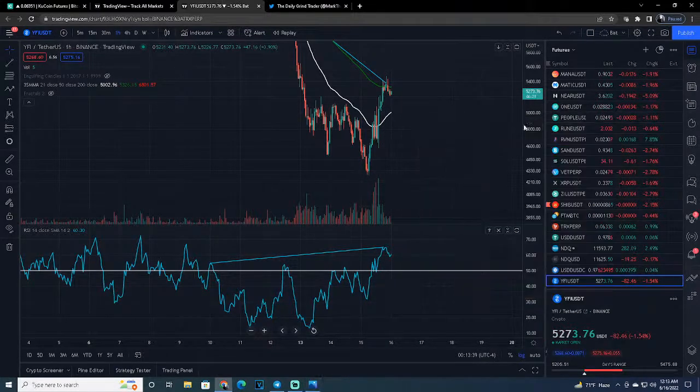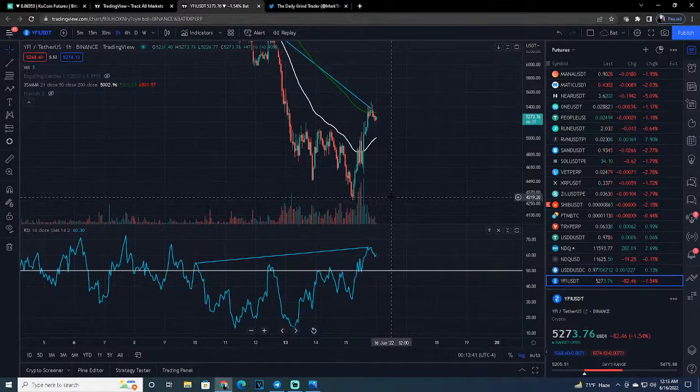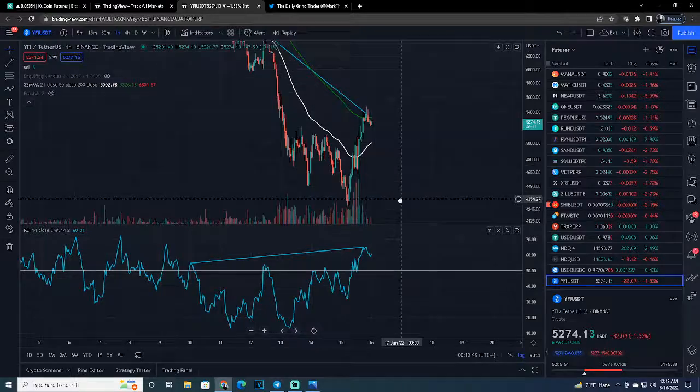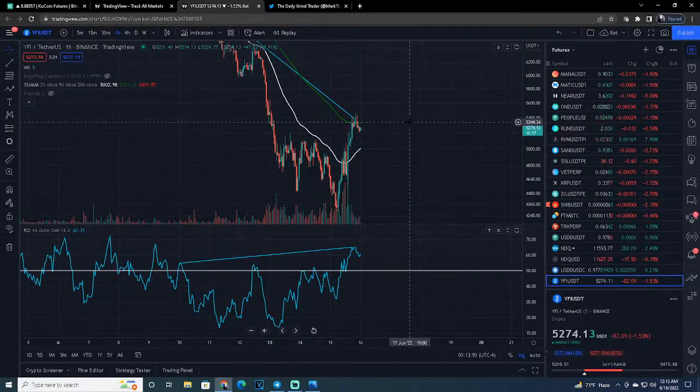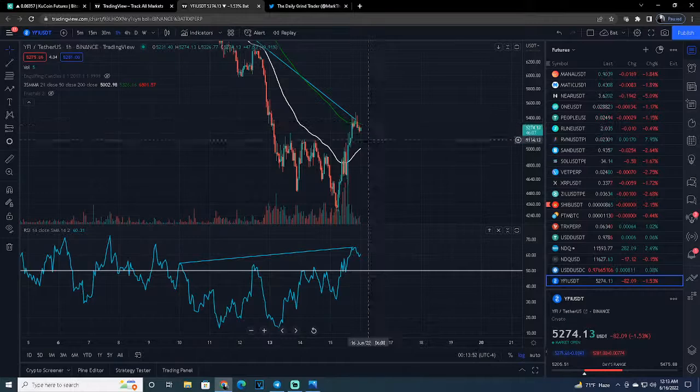So I think YFI will come back down, likely to about 4350-ish, 4300 in that range. I'm looking at the moving averages to see if they hold it as support or resistance. If it comes down to 49.9 or 5,000 even and holds support on the 21 period moving average, then it could bounce again.